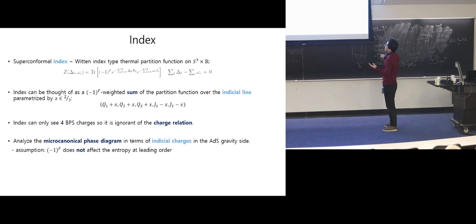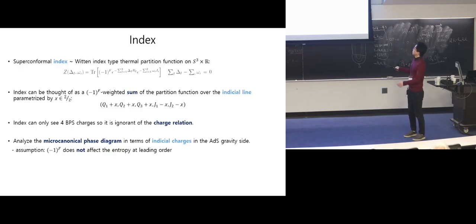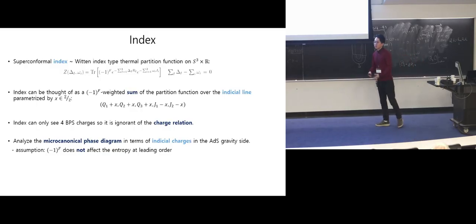And since the index can only see 4 charges, it is also ignorant of the charge relation. Therefore, what we want to do is analyze the microcanonical phase diagram in terms of these index charges on the gravity side, assuming that (-1)^F does not affect the entropy at leading order, which is true, at least for the known supersymmetric black holes.